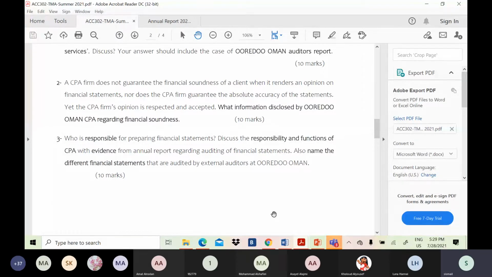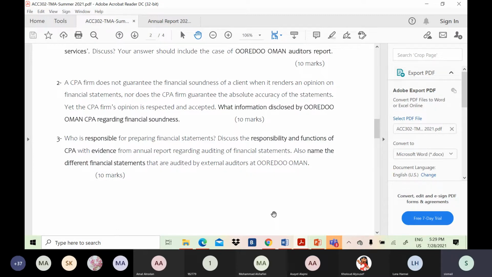Okay, doctor. What else? Name the different financial statements that are audited by the external auditor. You have to use the auditor report. So I can say question number 3 includes 4 points. The first point is who is responsible.